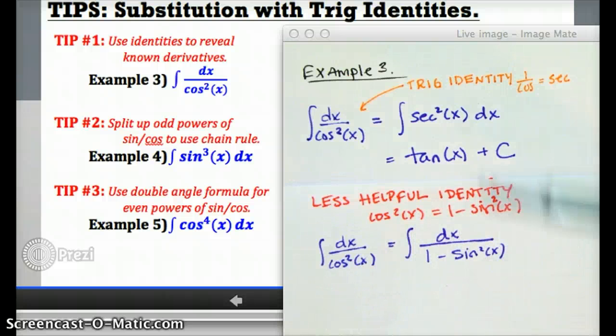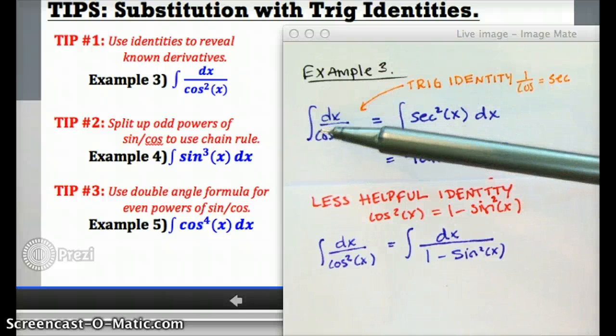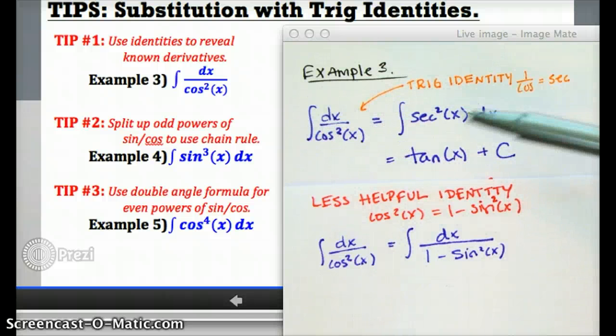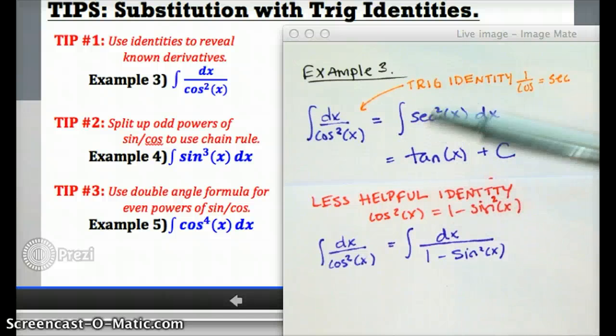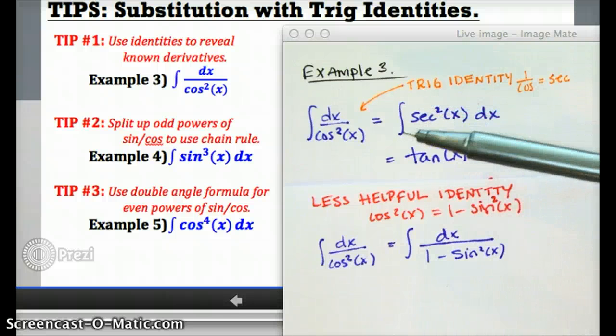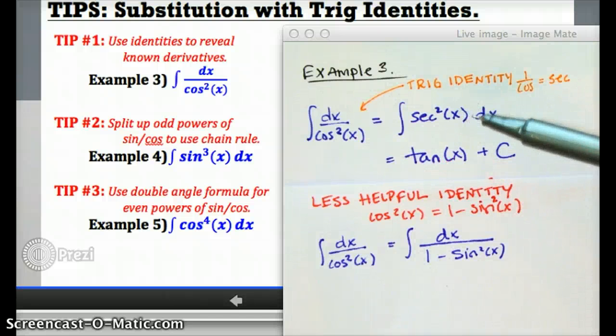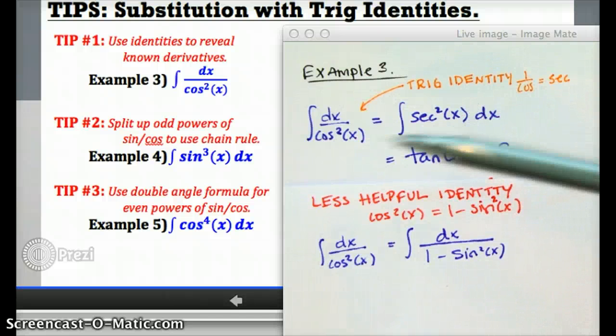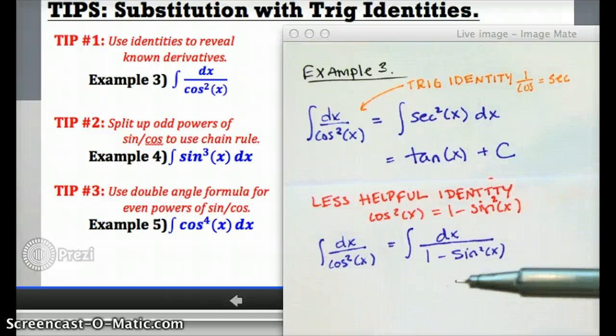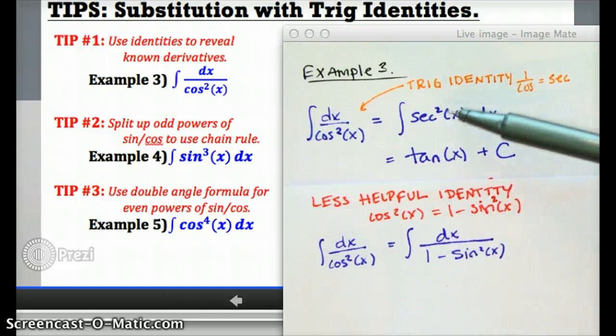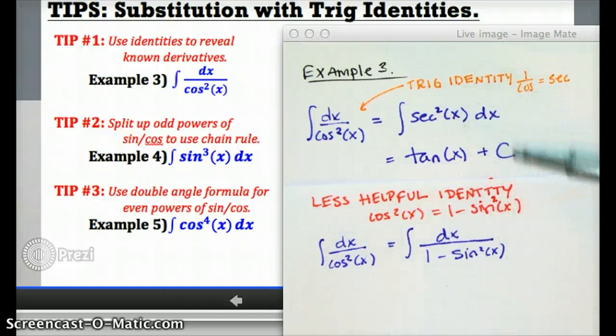With time, you're going to start to be able to look at this integral and imagine in your head these two options and pick this one. When I made this choice, it wasn't that I looked at this and instantly knew that this was the better identity. It was because in my head, I imagined my two options, and in my head, I saw that this option was more helpful.